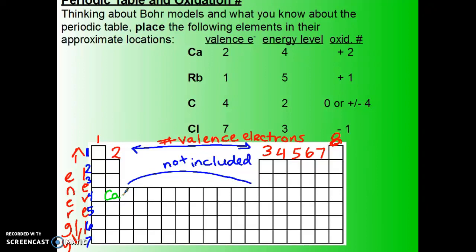Now, rubidium has 1 valence electron. It's going to be somewhere in the 1st column, and its 1 valence electron is located in energy level 5. So that means that it's going to be right here on row 5, column 1, Rb.